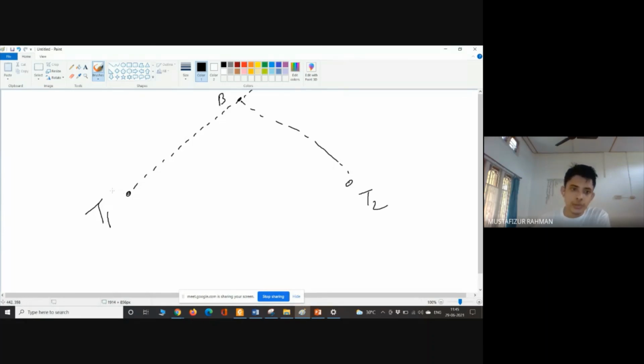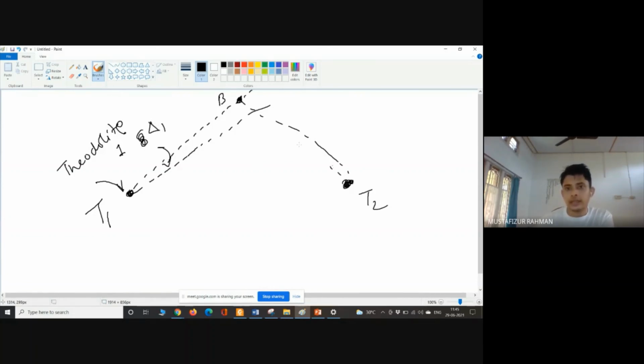So what we will do, we have one theodolite here and another theodolite at this point. So this theodolite will be looking at B point. The value will be at the first 0, 0. Then we will give an angle equal to capital delta 1. Here also we will have one theodolite looking at this B point.